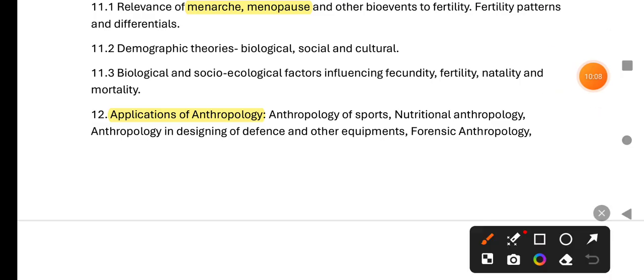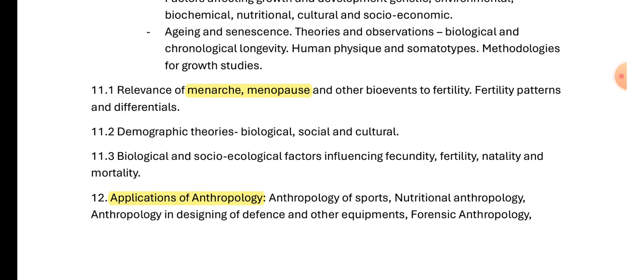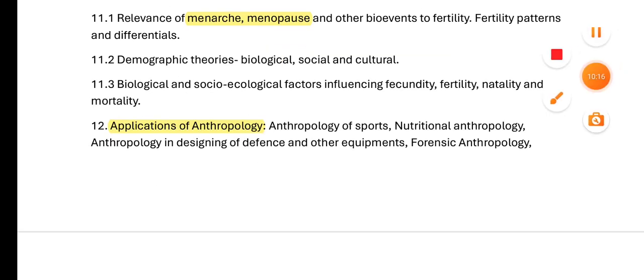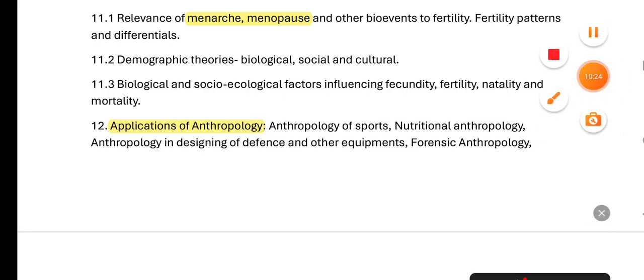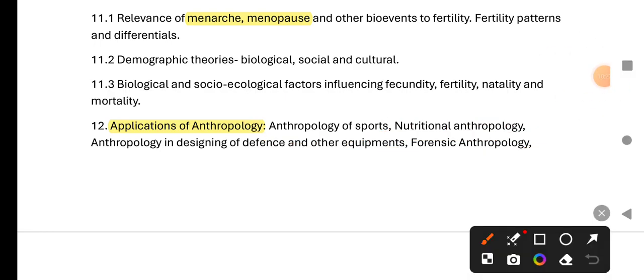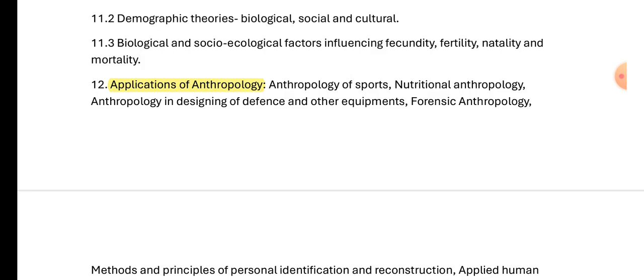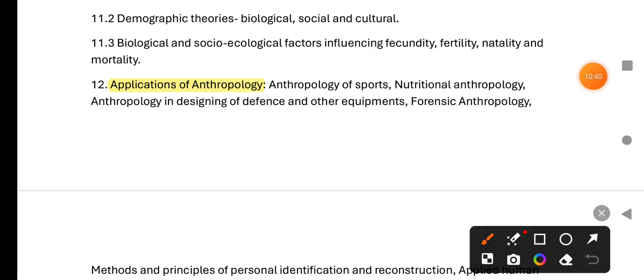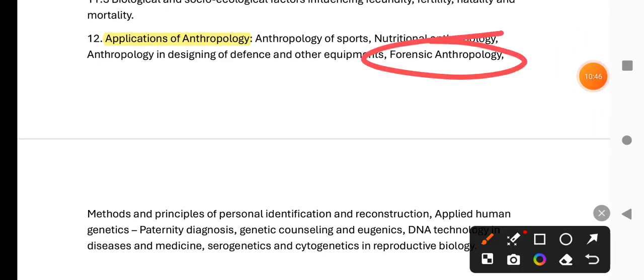We will study this, and it is the applications of anthropology, which is not a biological part, but we will study forensic anthropology in this, and sports, yes, and applications of anthropology in various biological or cultural features, like sports is cultural, okay, nutritional anthropology, this is biological, and this is also a cultural part, okay, and defense and other equipment, forensic anthropology, this is very important from this chapter, okay.